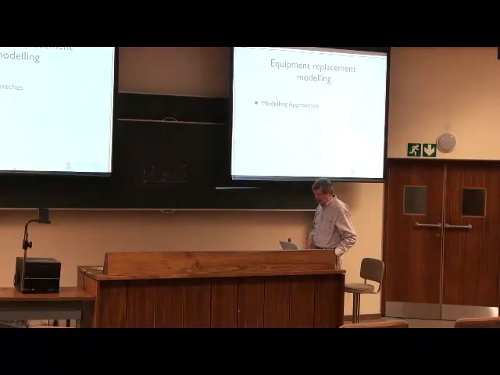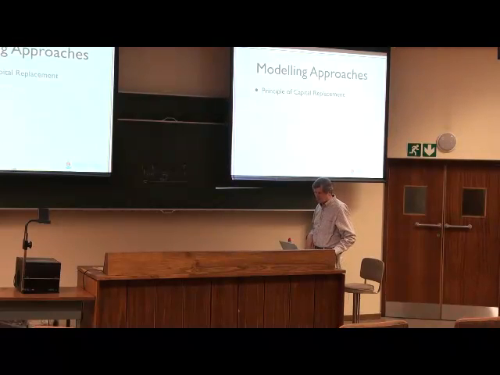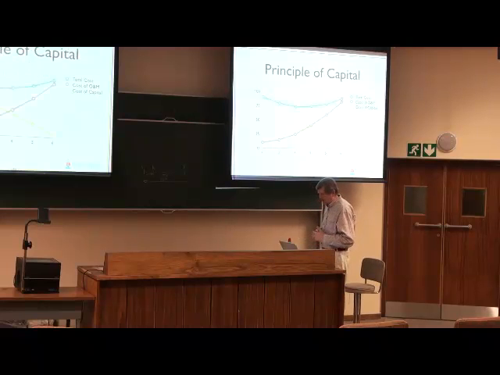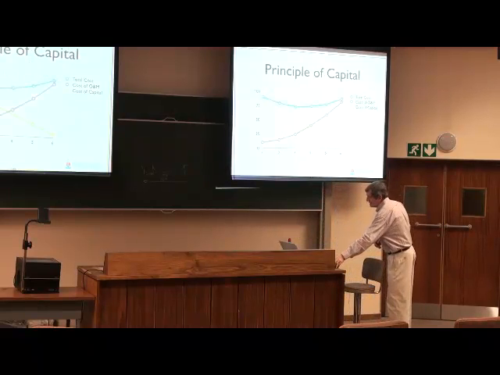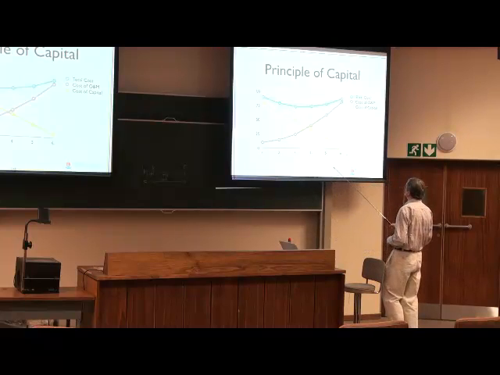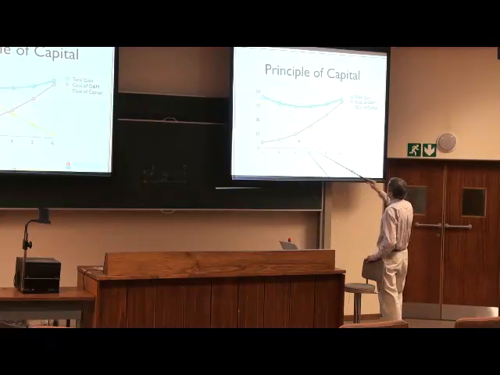Some modeling approaches. Firstly, the principle of capital replacement. This is fairly simplistic, just to set the scene. The principle of capital replacement says that we basically have two things: the cost of operation and maintenance, and the cost of capital.